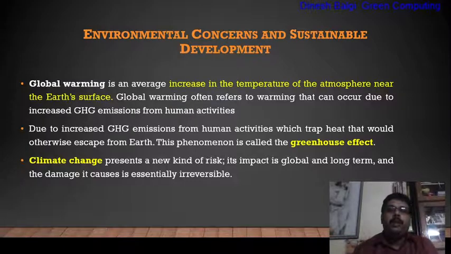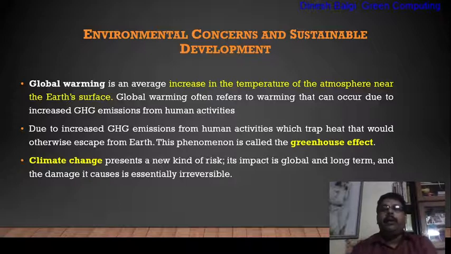But the question is how this is done. This is happening because of the greenhouse gases. The gases produced by carbons, carbon monoxides, and the greenhouse gases produced by vehicles and by incineration, that is the burning of some chemicals and all.